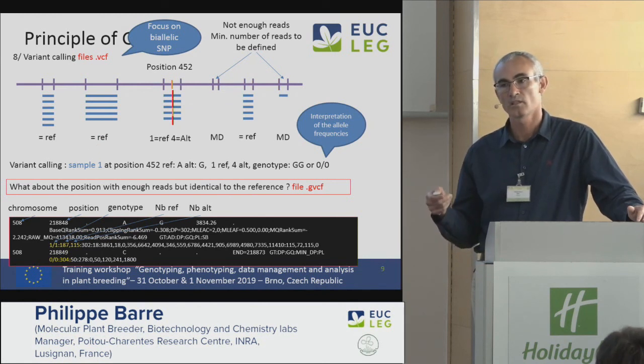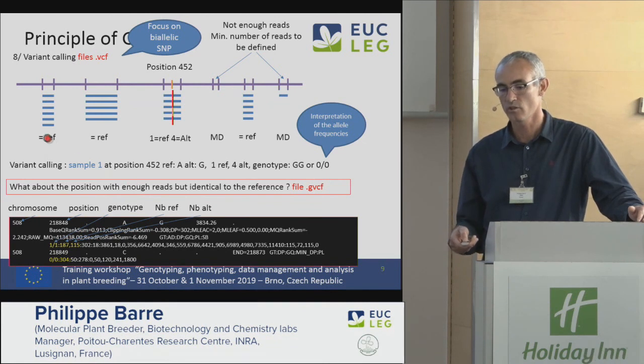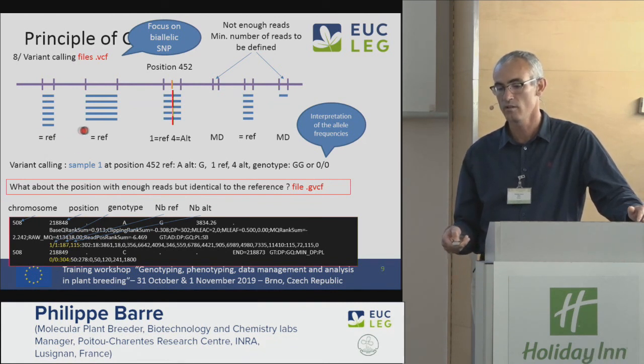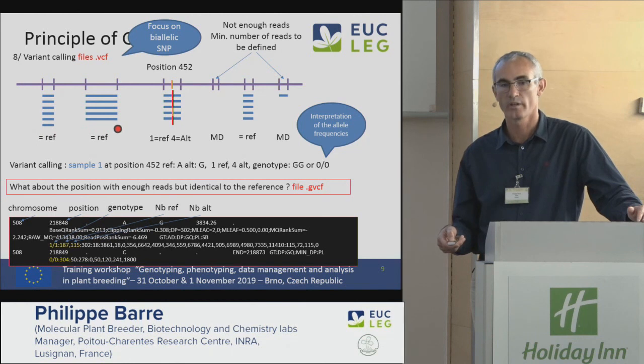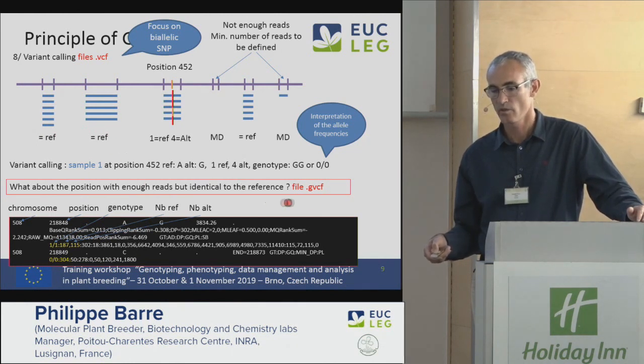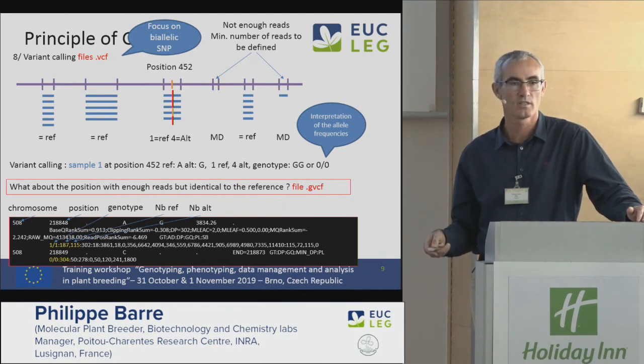So it could be better, I think it's better, to keep the information for all loci where you have the information. And you can do that by getting a file called GVCF.